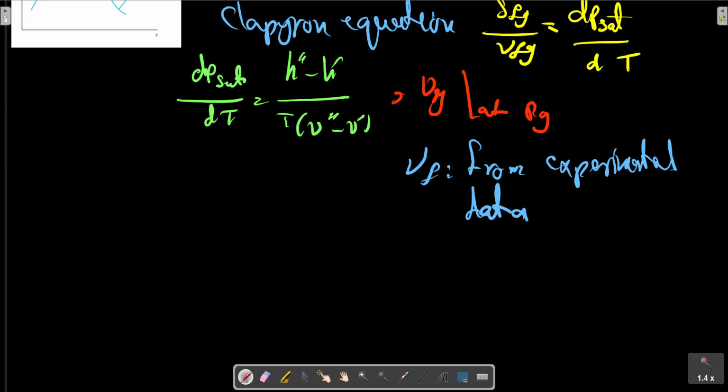From state 2, we proceed along this isotherm into the superheated vapor region. The specific volume at P3 is found by iteration from the equation of state.